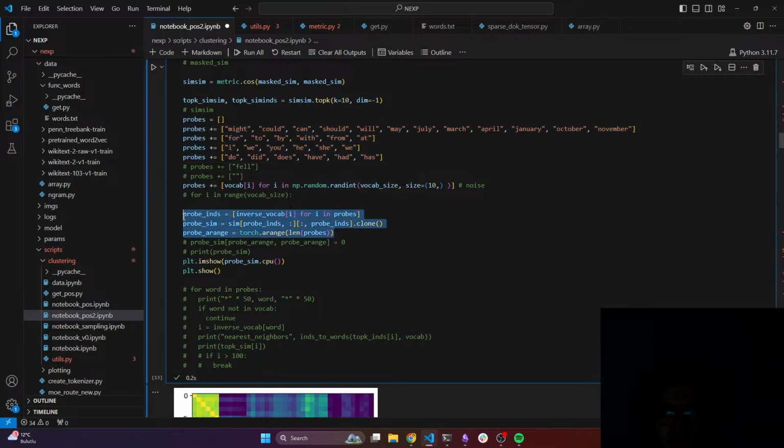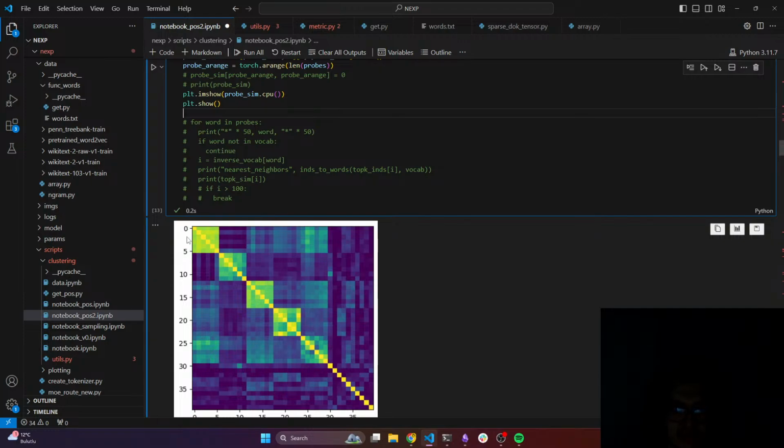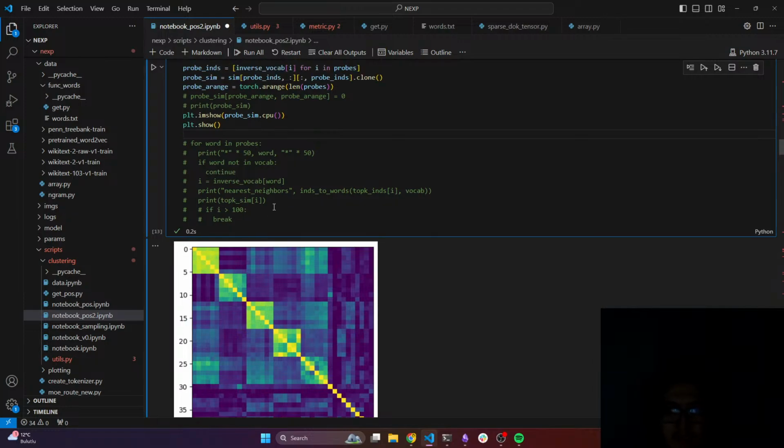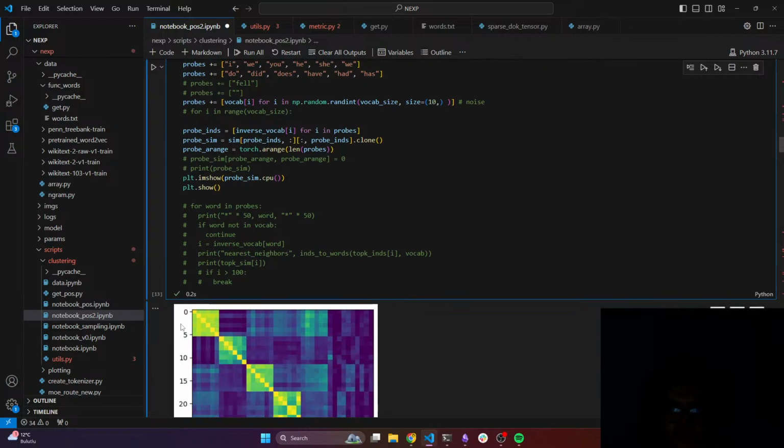Then we plot this similarity matrix between every word in all of these lists, with every other word. We can see that there are clear chunks or blocks. This is the most prominent: the first, these modal verbs, where basically every word is highly similar to every other word.